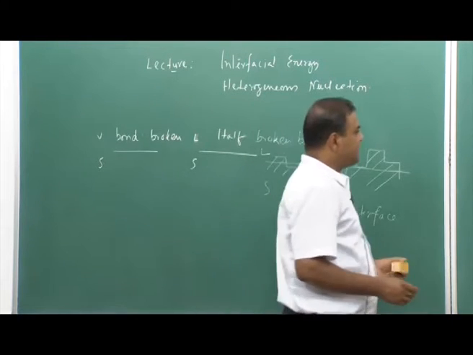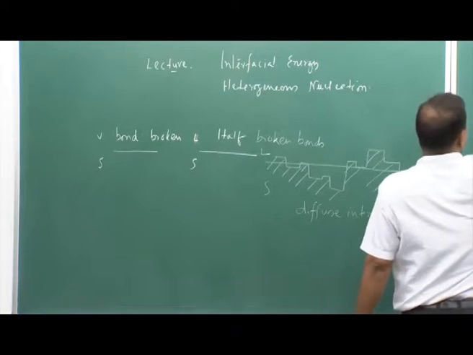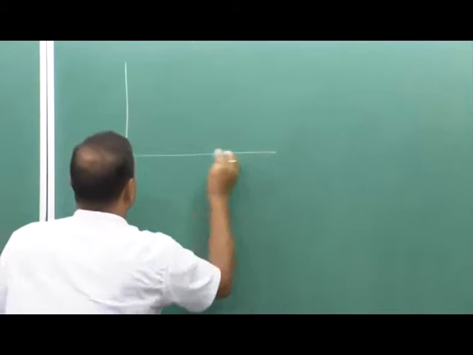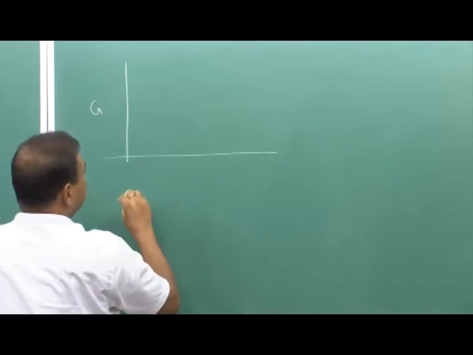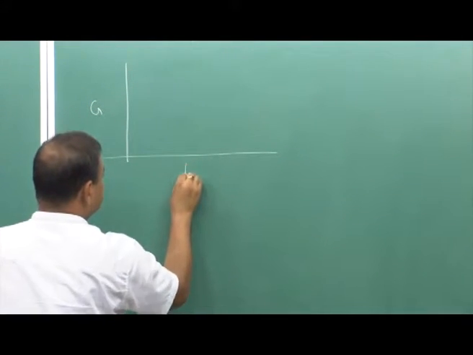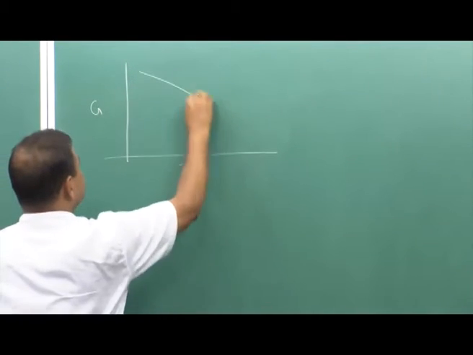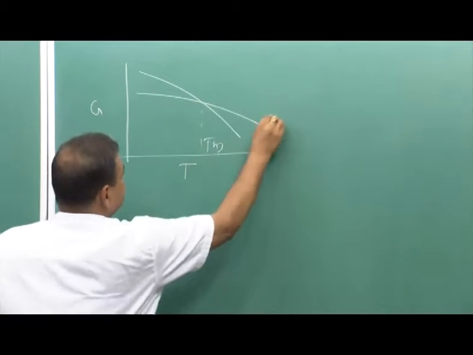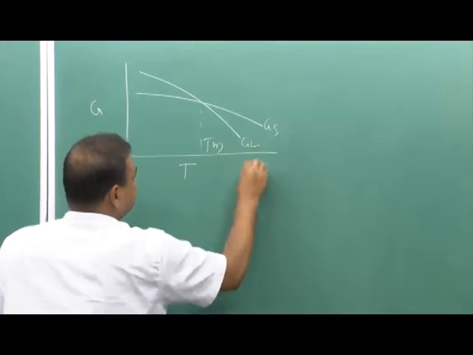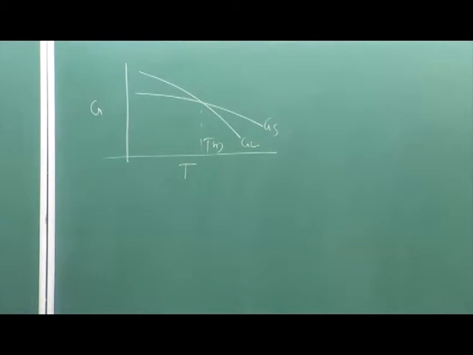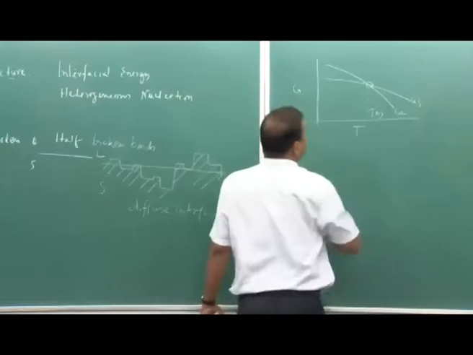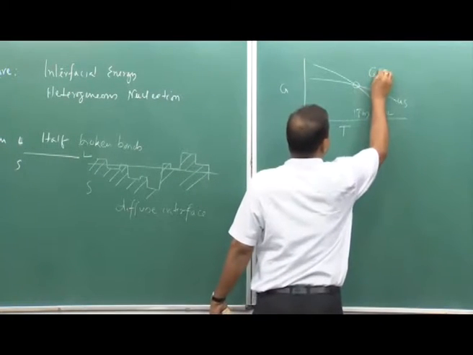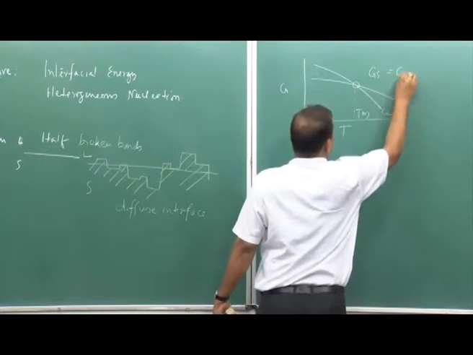And we have seen that if we try to draw G against temperature, this is my Tm, this is Gs, this is Gl. This we have seen, and we have seen that at this point Gs equals Gl.